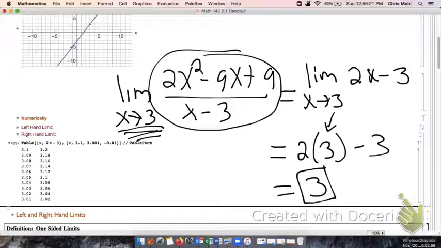I'm going to circle it in purple. So you simplify the function to a point where you can plug this limiting value into the function to calculate the limit. And notice you were not able to plug in 3 until you simplified or canceled that x minus 3 factor in the denominator.